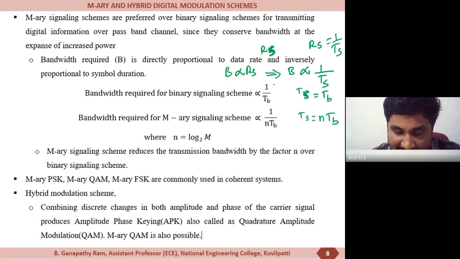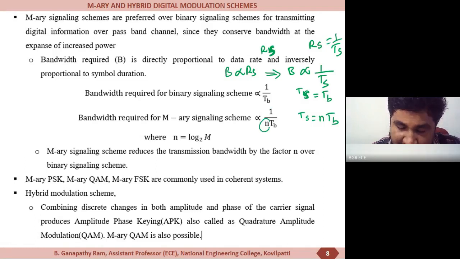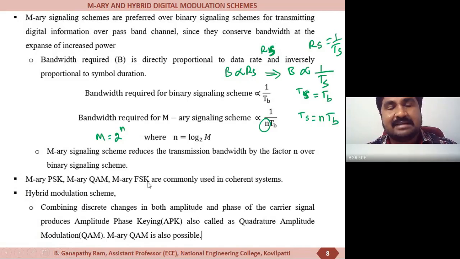So here the bandwidth is reduced by a factor of N, where N is the number of bits transmitted per symbol, and N can be represented as log of M to the base 2, since M is equal to 2 to the power of N. So the M-array signaling scheme reduces the transmission bandwidth by a factor of N over the binary signaling scheme.